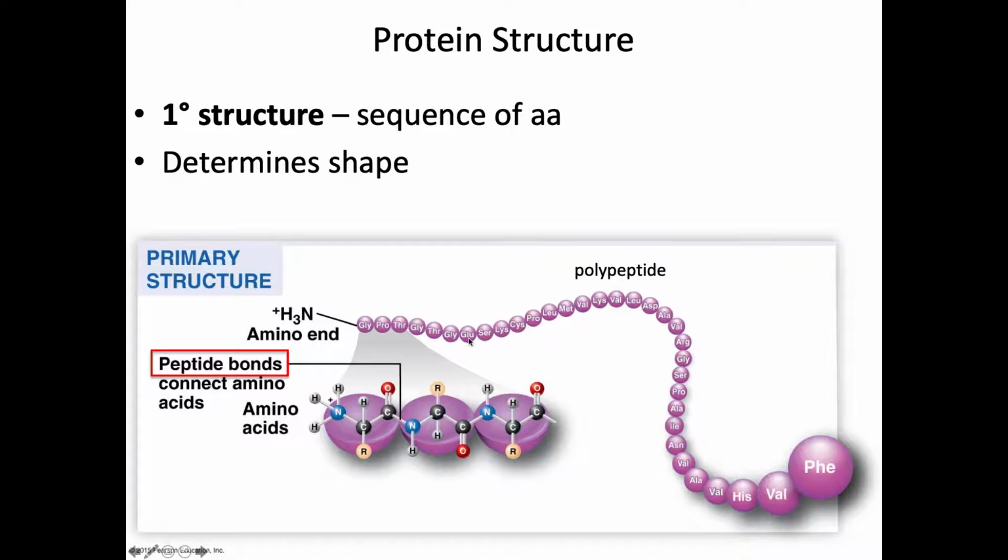It depends on what the sequence is, it'll determine the final shape of the protein. And how do we get these amino acids together? Through the dehydration synthesis reaction. And what bond is used to link these amino acids together? They are peptide bonds.